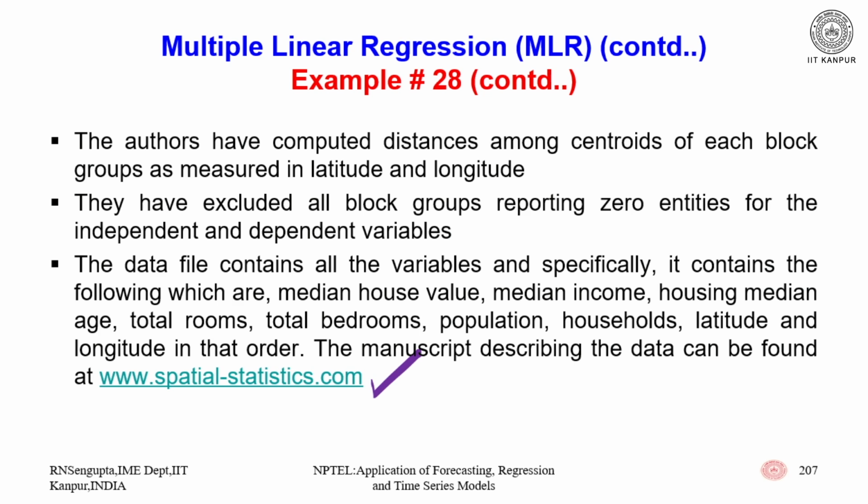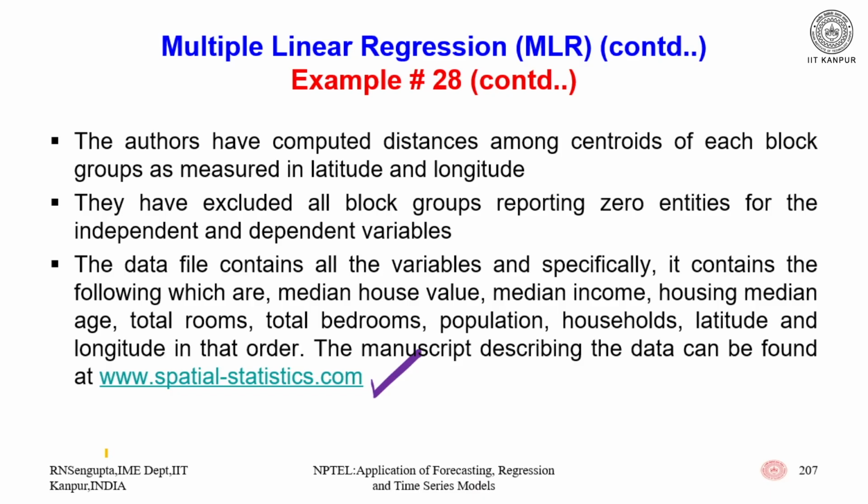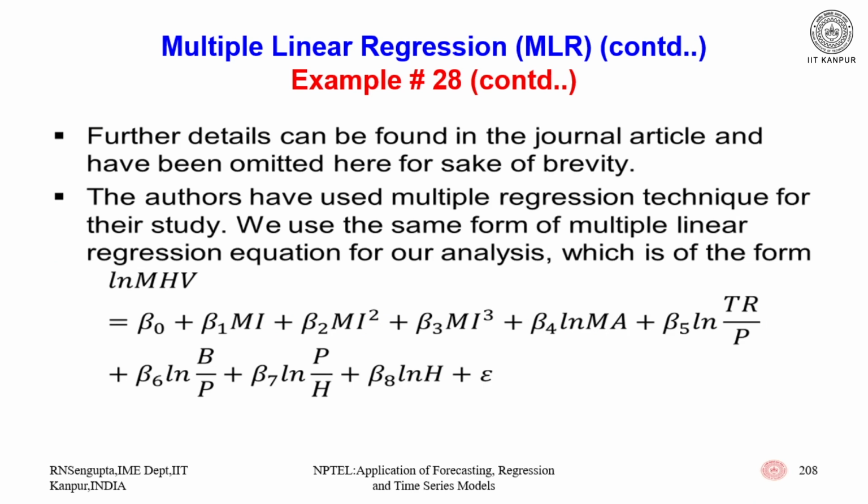All the information is given in this URL. So, the information about what is x and what is y is given, where I will mark x and y in different colors. I will use a different color for y. The main thing to find out is the median household value. This is important, and it is based on this set of data or variables, which is marked in green. Once you have that, then you formulate the MLR.